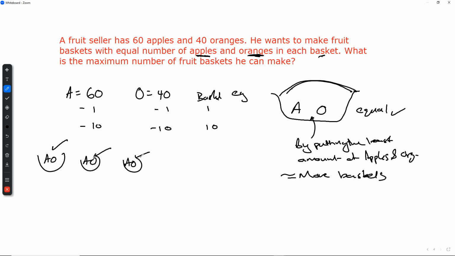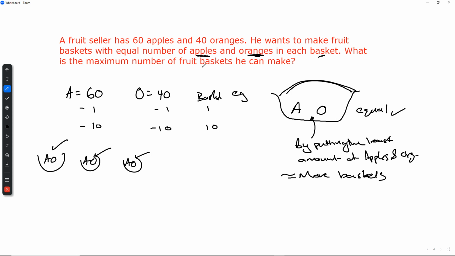So instead of 2 apples, if I put 2 apples and I put 2 oranges, then the apples will get used up quickly, and the oranges will get used up quickly, and so I'll have less baskets. But to maximize the number of baskets, I need to minimize the number of equal amount of apples and oranges, which is 1 apple and 1 orange.